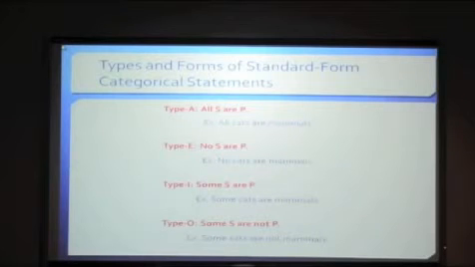Furthermore, notice there is no standard form statement that follows the structure all S are not P. The only standard form categorical statement here that has the copula are not is the O type statement, okay? So don't ever translate any ordinary language statement into all S are not P, because that is not a standard form categorical statement.